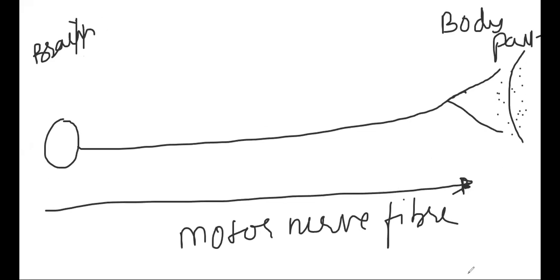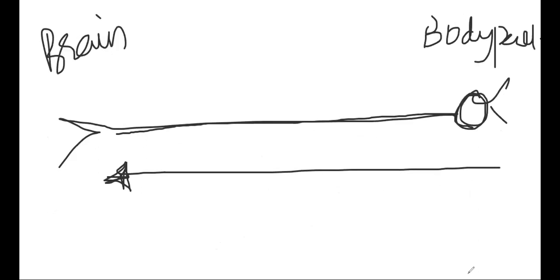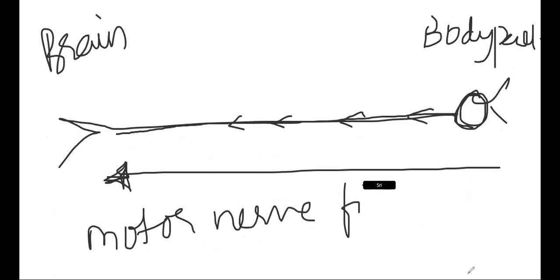In the previous case also, it will go like this. We can put arrow marks like this, always from the cyton. So what is this? This is motor nerve fiber.